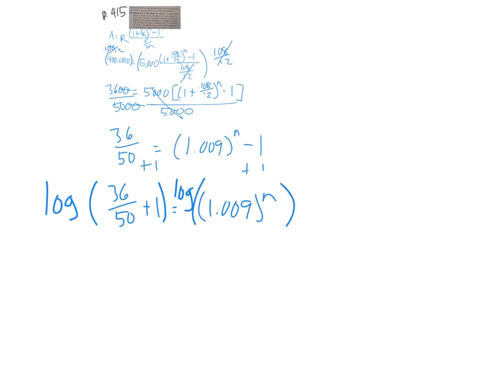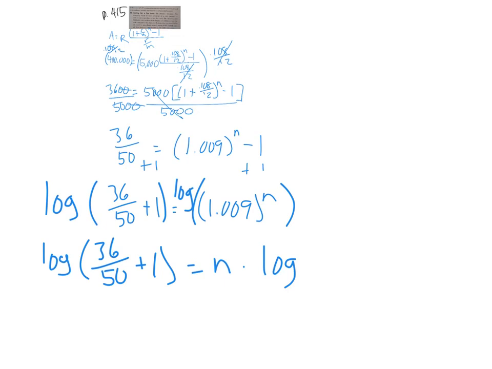Remember, the whole point is we're using that exponent property of log to pull the exponent down in front of the log. So our next line will be log of this number, whatever it is, equals n times log of 1.009. So our variable n came down out of the exponent.